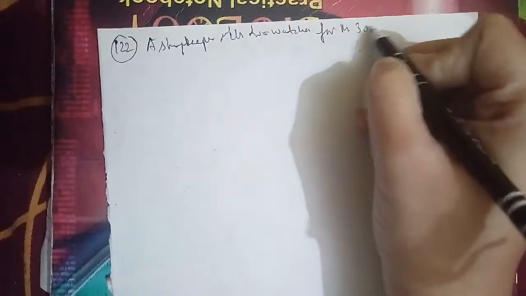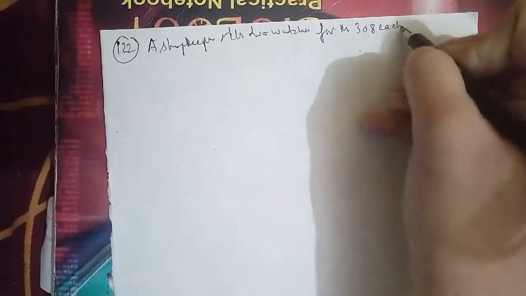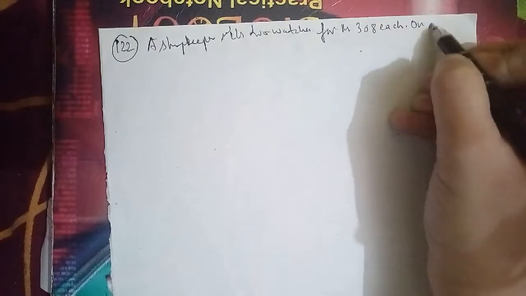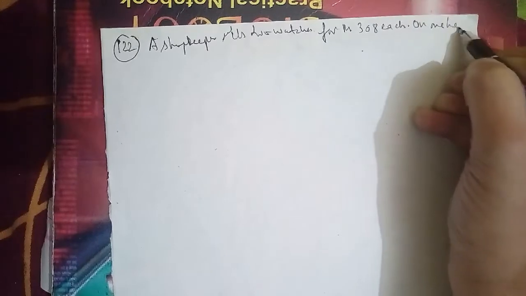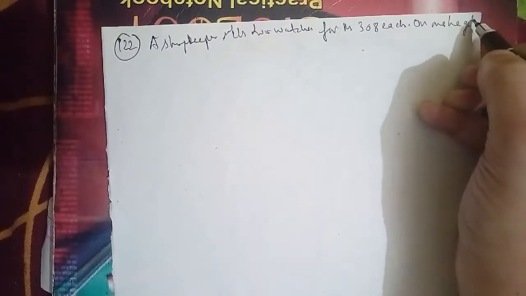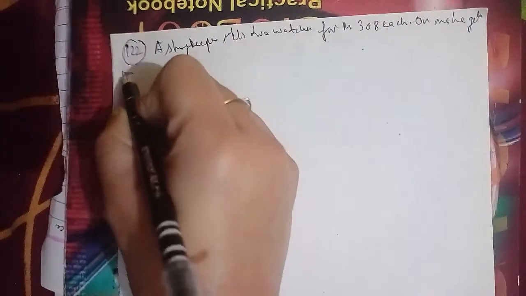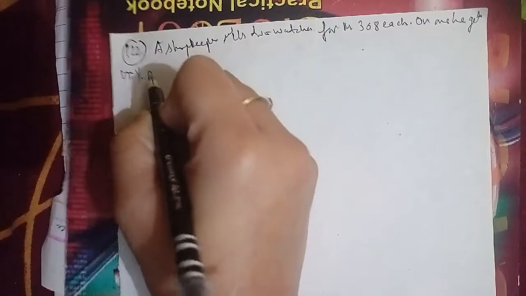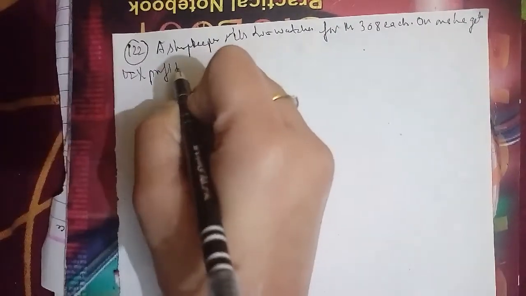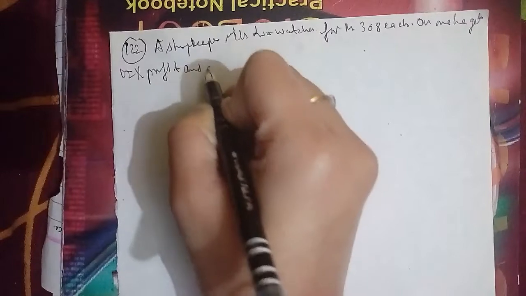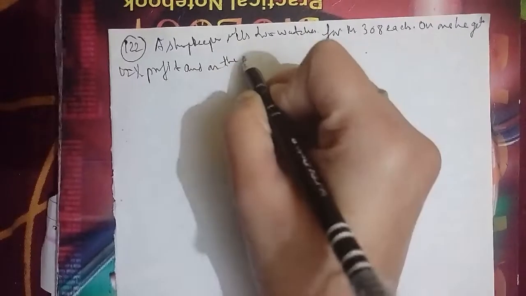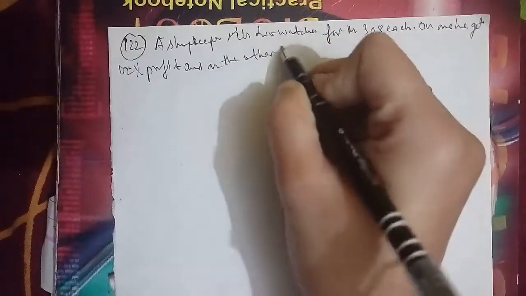His profit or loss in the entire transaction was. This has been asked in the BSF examination paper, and we have to talk about it. So we go ahead for the same.